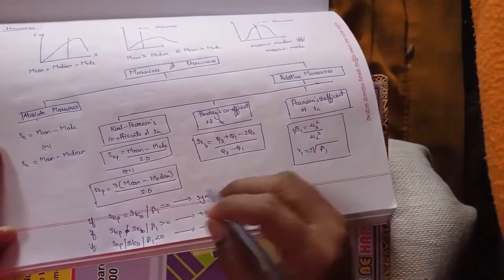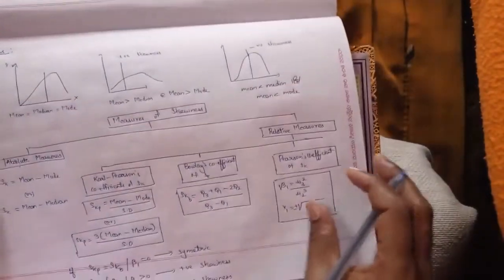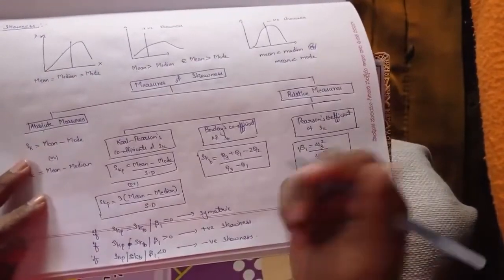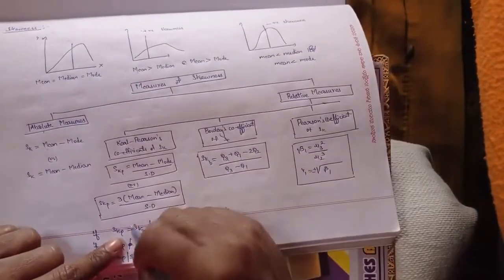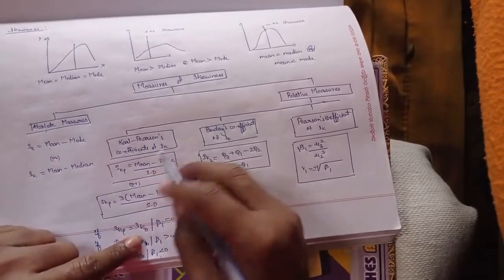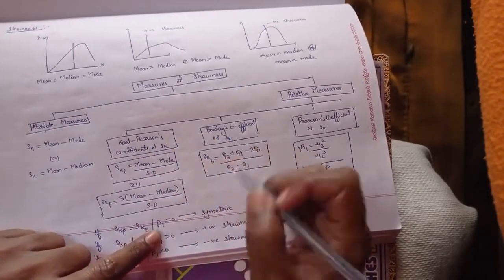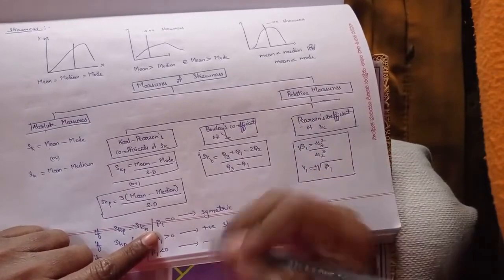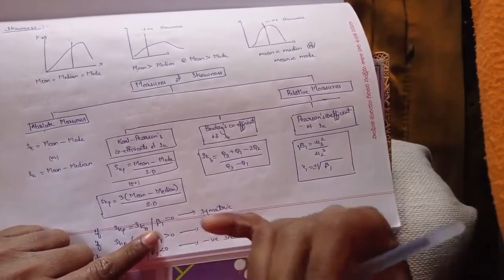So this is the way to find whether any distribution is skewed or symmetric. If SKP, that is skewness of Karl Pearson, is equal to that of Boyle's, and beta 1 equal to 0, that is Pearson coefficient equal to 0, we say that the distribution or the graph is symmetric.